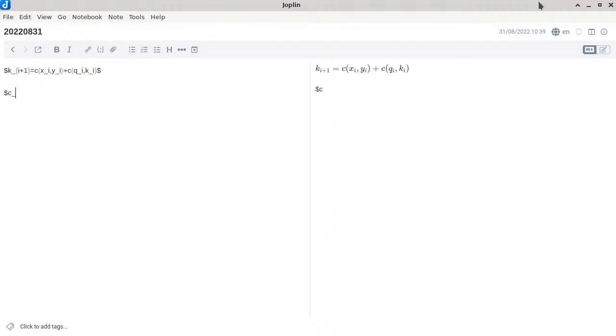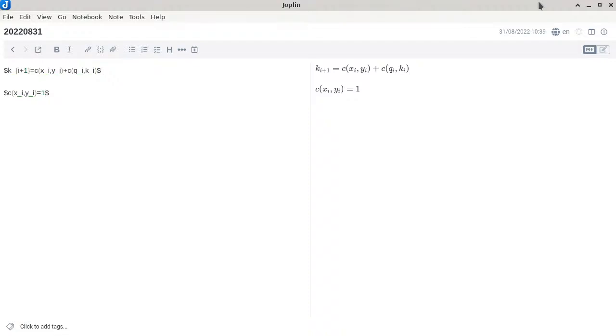We want to do some reasoning here. C of xi, yi being a 1, and I'm going to close the equation first just so that it renders. What does that imply? How can it happen? Or what can be implied out of that?